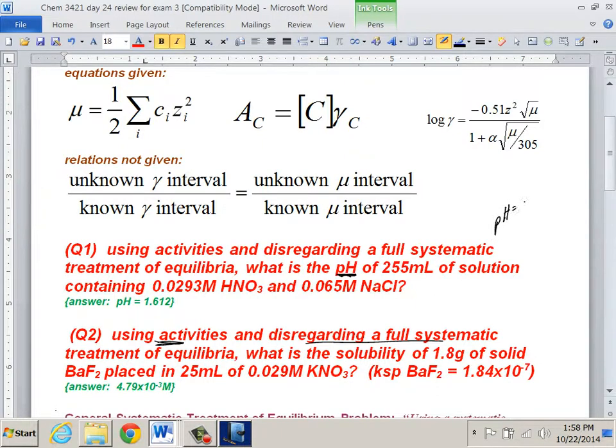Yeah, except we don't want to use concentrations, we want to use activities. So what would I put in there for the activity? Sabina, what will I put in there for activity?